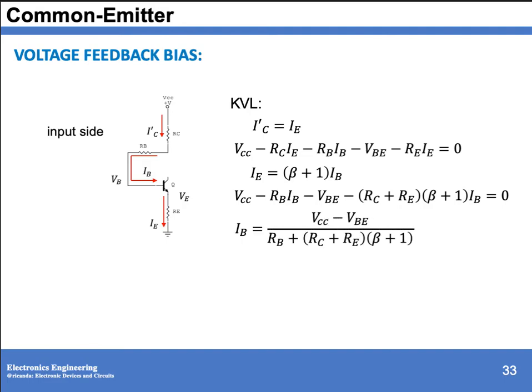So therefore, IB is equal to VCC minus voltage base-emitter over RB plus the quantity RC plus RE times the quantity beta plus 1. And IC is beta IB. If we have to solve for the voltage at the base, that is voltage base-emitter plus RE IE. And your voltage at the emitter is equivalent to the voltage drop across RE.